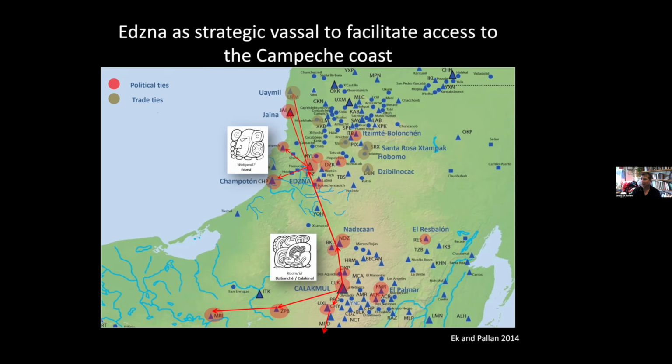At the time when there's evidence of Kalakmul exerting control over that area, we see regional settlement patterns within Champotón and spheres of ceramic affiliation change. And then at the end of Kanul hegemony, after that hegemonic war at the end of the 7th century, things change dramatically. Particularly there's an influx of influence from the coast, from the Gulf Coast.